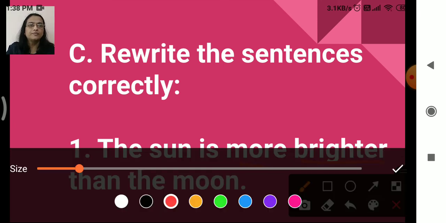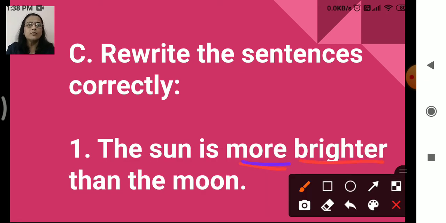Okay, you can see here more and brighter. Now you cannot use more and ER together. If we are using ER, we will not use more. And if we are using more, then we cannot use ER.